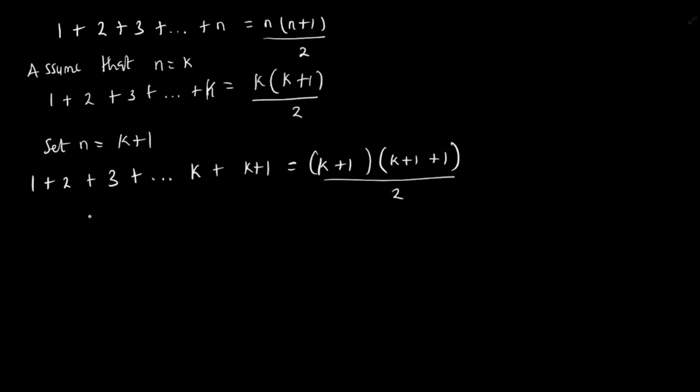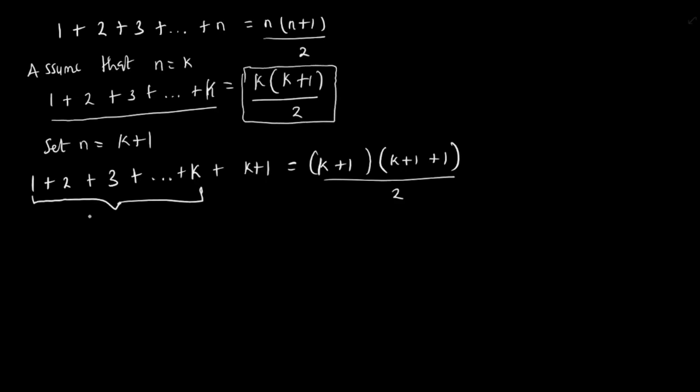If you observe these two equations well, you will notice that everything here is the same as here, right? We have 1 plus 2 plus 3 plus all the way to k, and that's what we have here. So this equals k(k+1)/2.